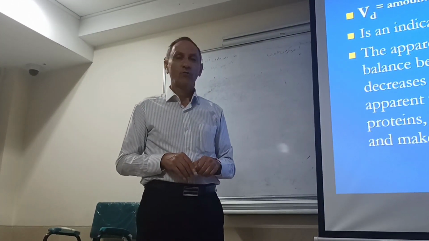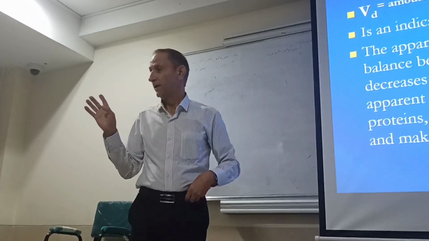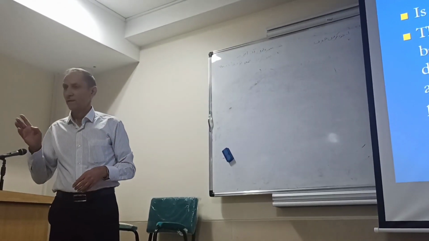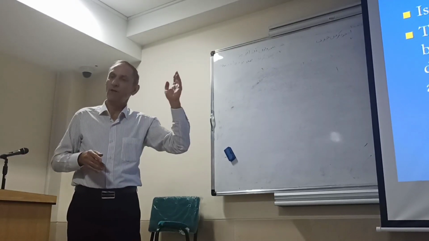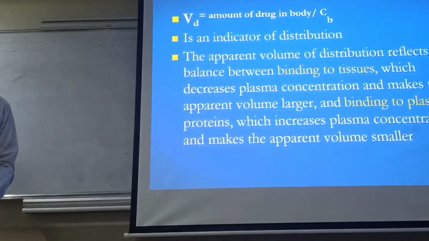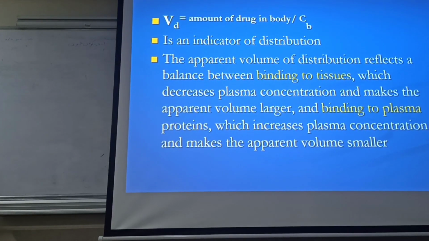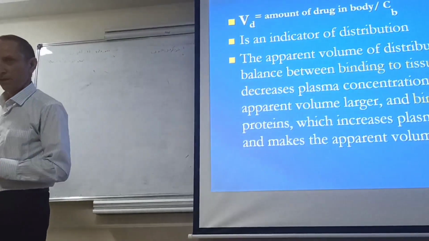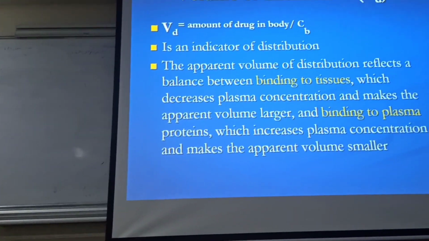Okay? For drugs with good tissue distribution, we have a higher volume of distribution. Volume of distribution is used for determining the dose of a drug, and later I'll talk about it in more detail.